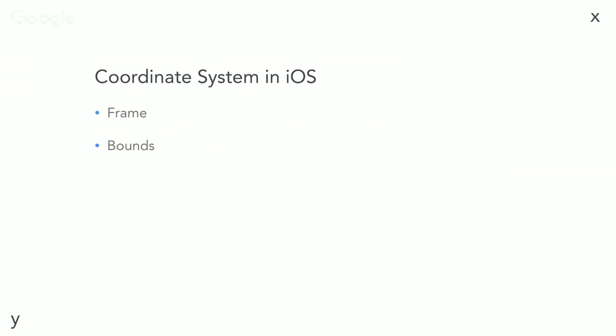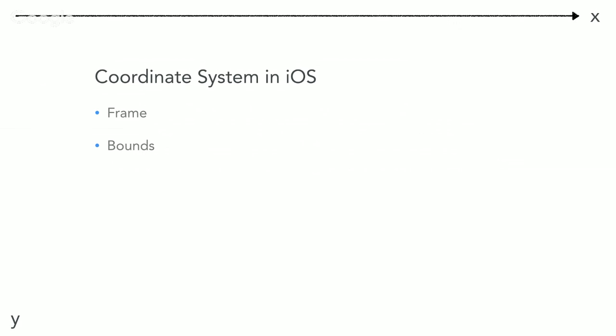Before we go any further about frame and bounds, I want to tell you about the coordinate system in iOS. That is different from the Cartesian coordinate system, the normal coordinate system that you use in math. The origin in iOS is the upper left corner. That is the origin you see up there.